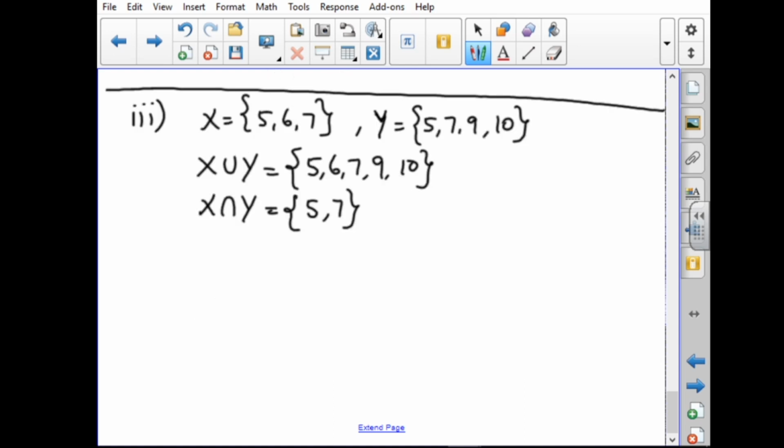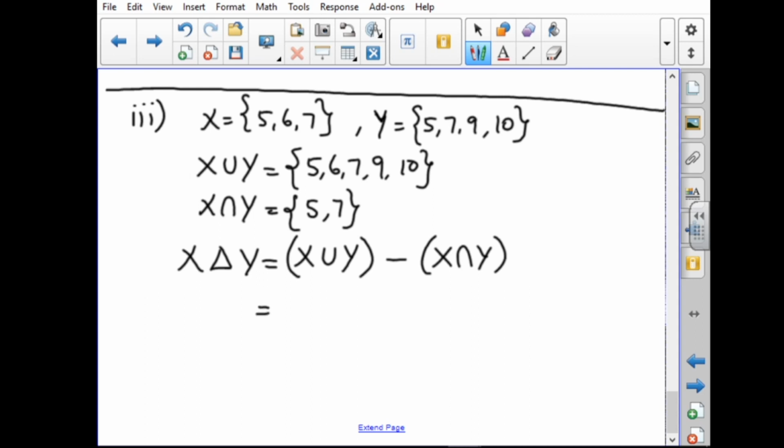Okay, so what is the formula for X delta Y? X union Y difference X intersection Y. X union Y is equal to {5, 6, 7, 9, 10}.